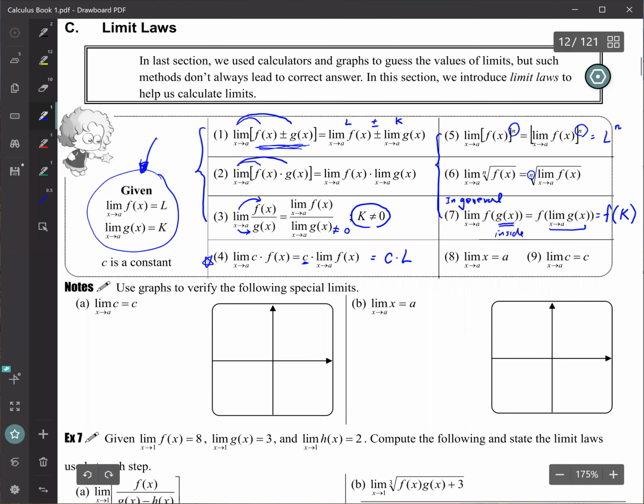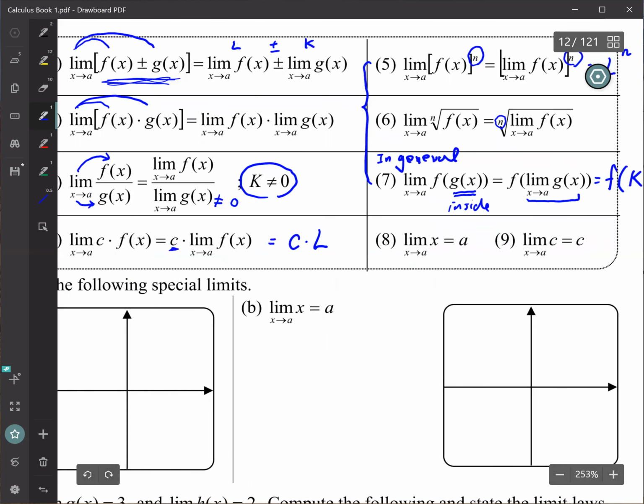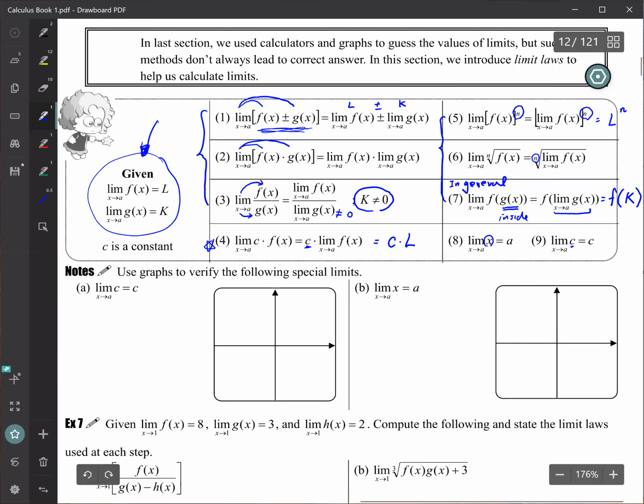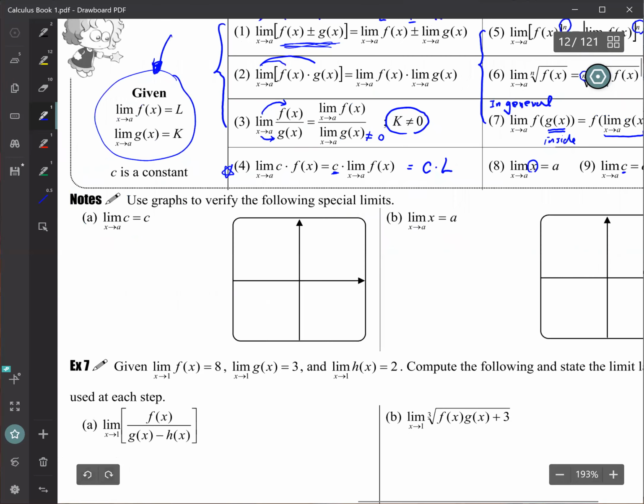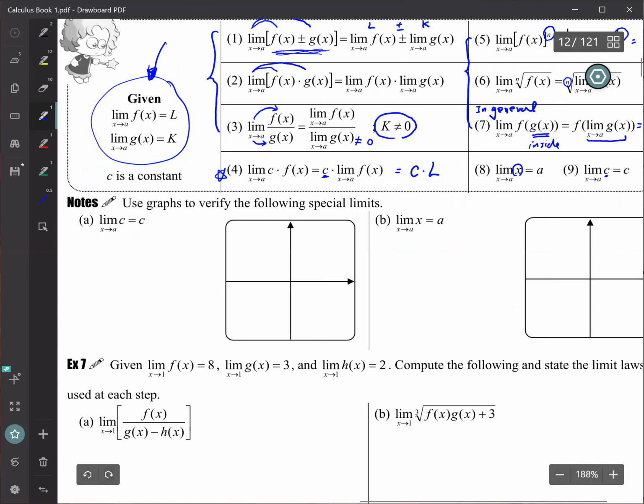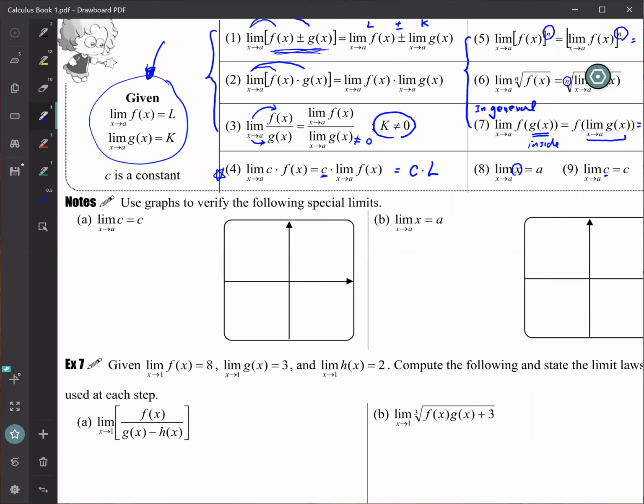And then number 8 is saying that if you take the limit of a single x, you just put the a in, like substitution. And if it's a constant, it won't change, because there's no place to sub in x. So if it's 7, it will just equal 7. Those two I put together; they are easy ones. For the proof for number 8 and 9, question A here is the proof for 9.